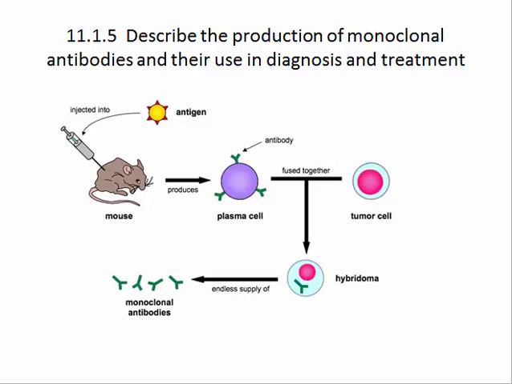Now, what would you want to use monoclonal antibodies for? Well, your book discusses two of them. One use is sensing the human chorionic gonadotropin protein, which is a hormone, and it's only produced during pregnancy.